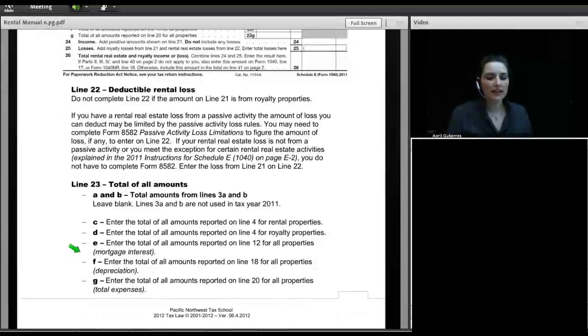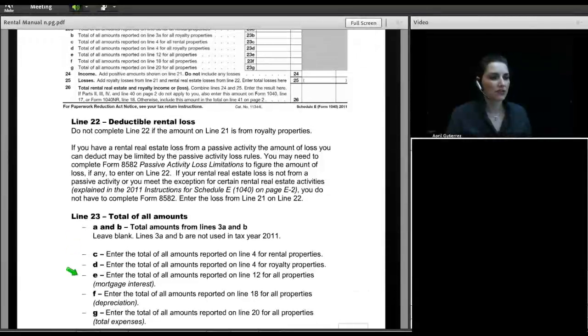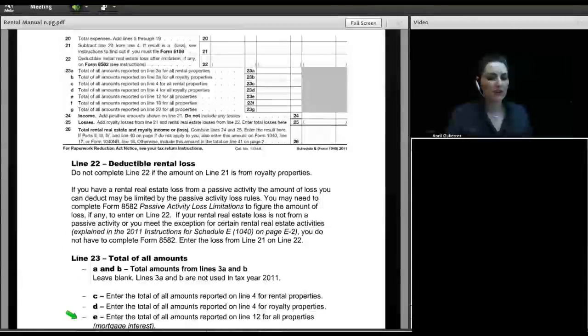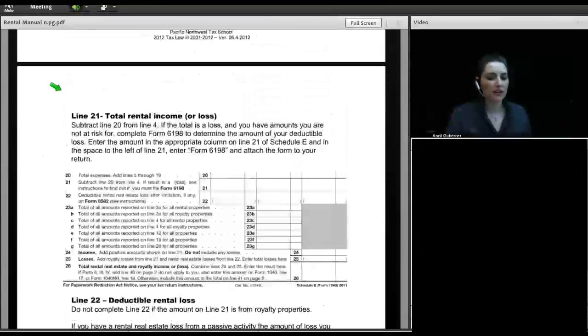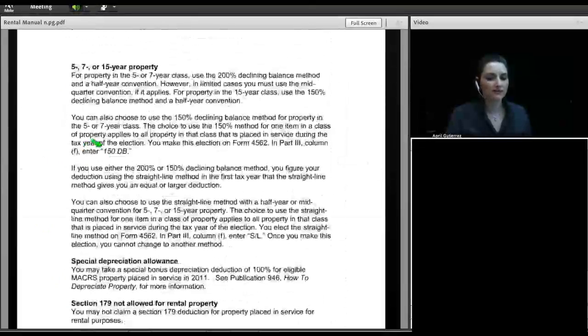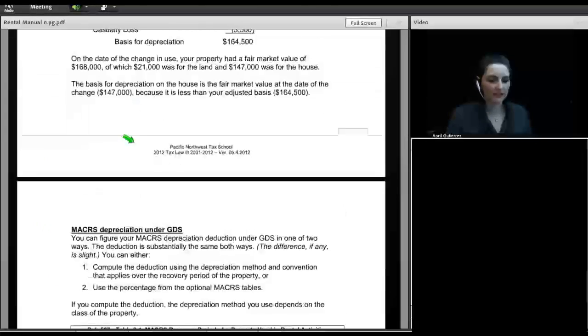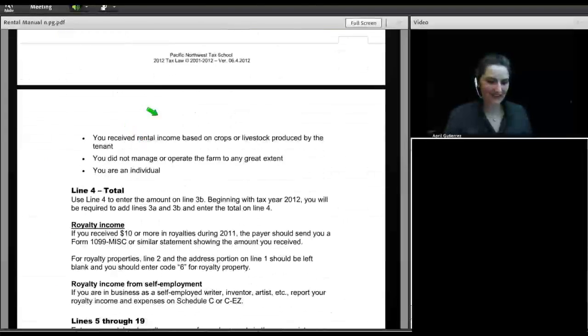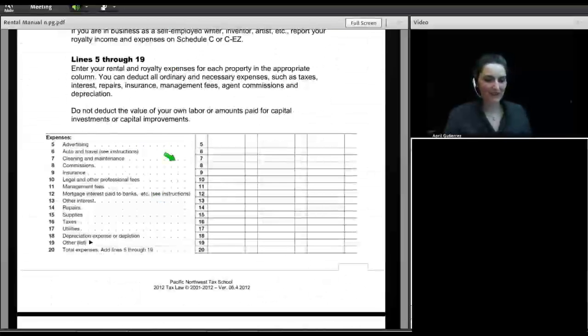Then on line E, enter the total amount reported on line 12 for all properties. That's the total amount of mortgage interest for the year. So remember, I keep harping on, you don't ever want to enter a number on line 12 up here. Let me get to line 12. Good grief, how hard can this be? There we are. Okay. Line 12, mortgage interest paid to banks, etc. See instructions.